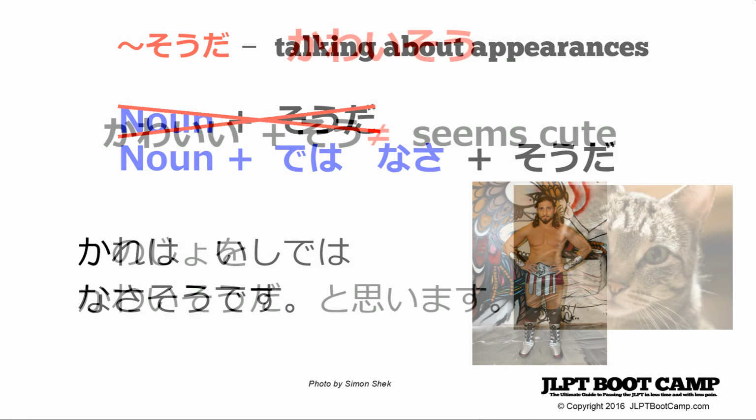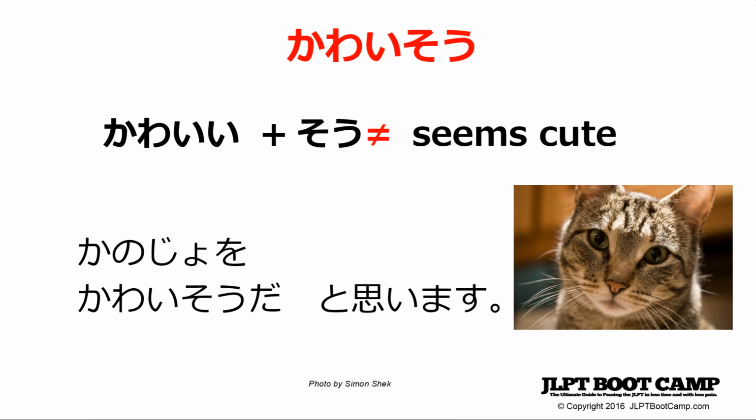And one thing to be careful about is with kawaii. Kawaii means cute, but kawaii is actually a na adjective, not an e adjective. So you can't use this structure. You can't take off the last e, add sou, and have it mean "seems cute."